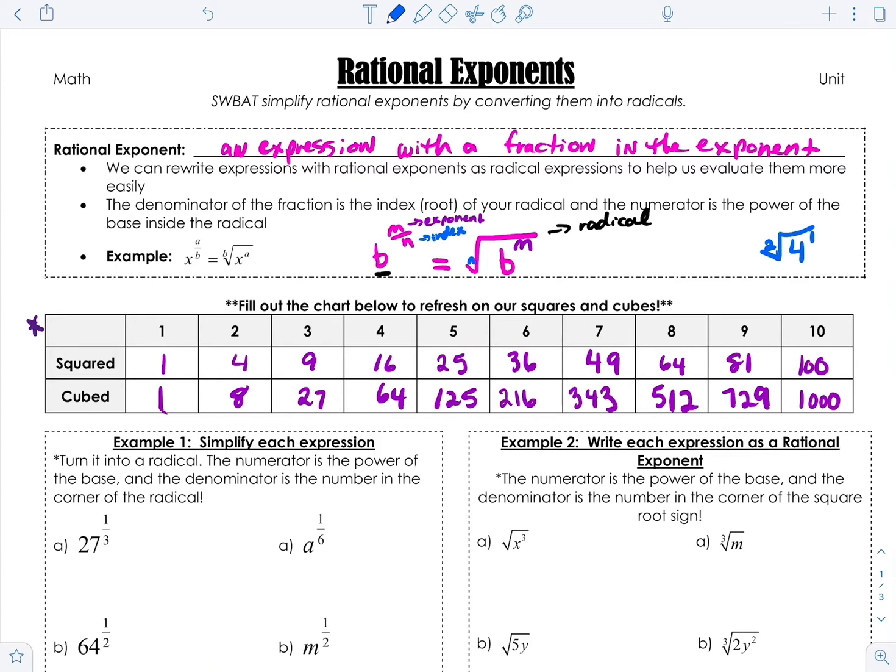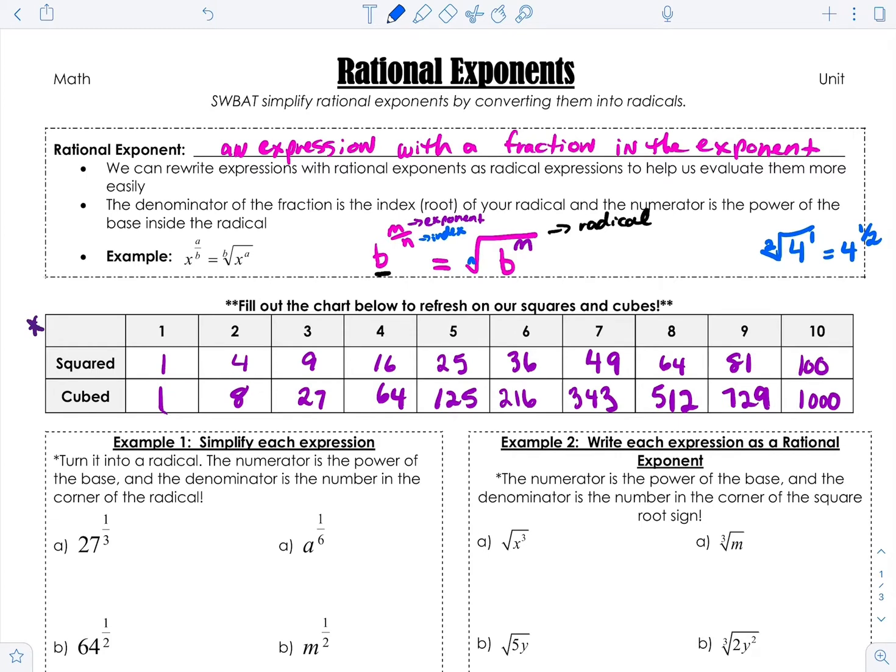So the square root of 4 could be written as 4 to the 1 over 2. Immediately when we see something raised to a 1/2, that means the square root of whatever that base is. We can go a little bit further, but we'll save it for later.